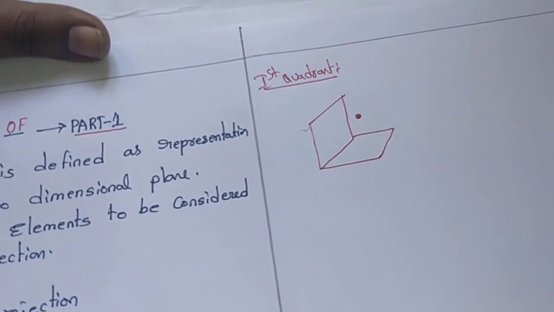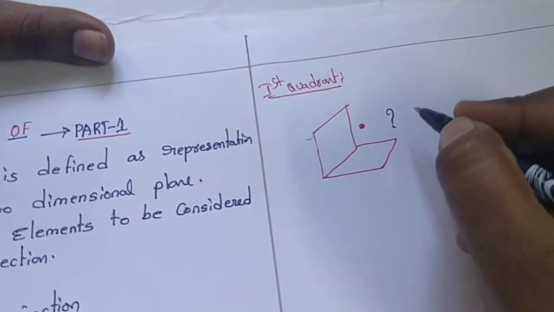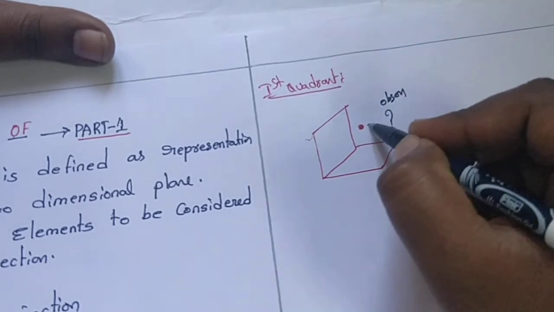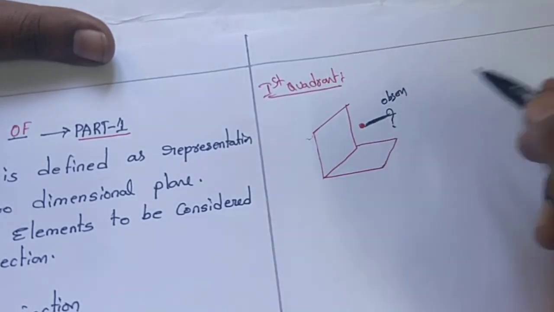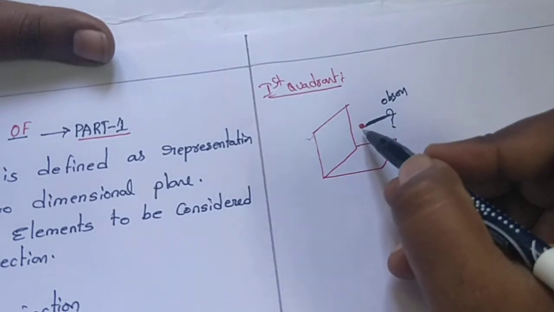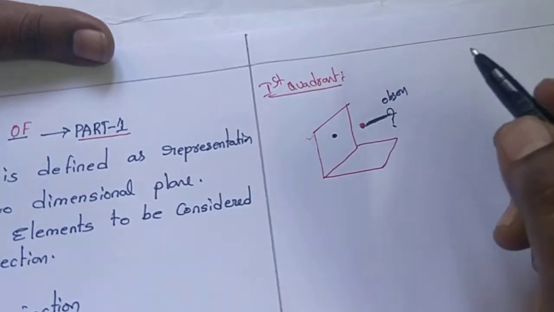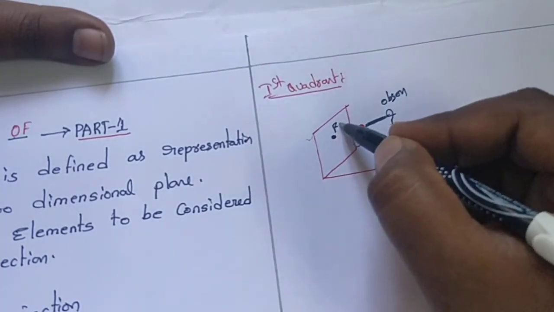If you view this object from this side, it is the observer. What happens? These rays will fall on this object. This view appears in the vertical plane, and it is known as the front view.